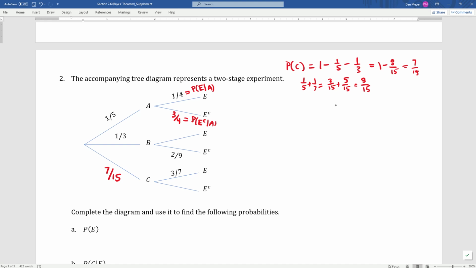This right here is the probability of E given B, and it is going to be 7/9, because these two values have to add up to 1. And then finally, this last second stage branch down here, probability of E complement given C, is going to be 4/7.